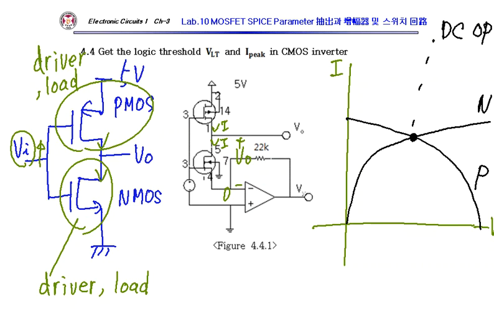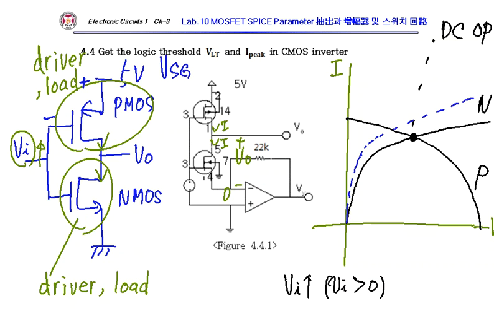Yeah, if I increase Vi, my small signal Vi is positive. Then my NMOS current increases. But you know, the PMOS source-gate voltage is reduced, right? PMOS source-gate voltage is 5 minus Vi.